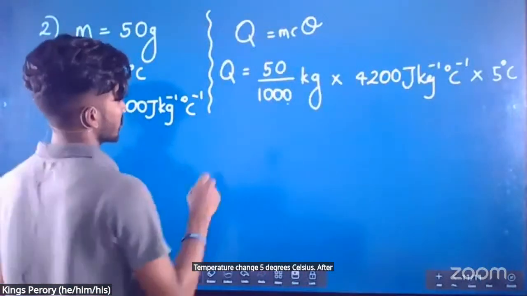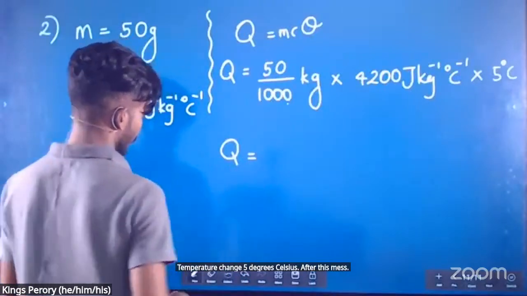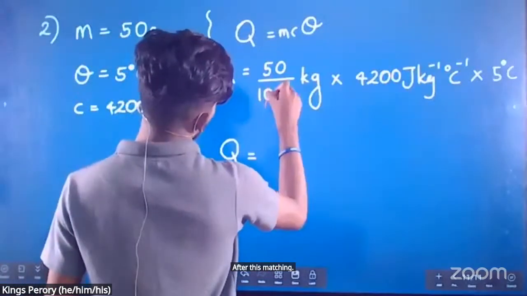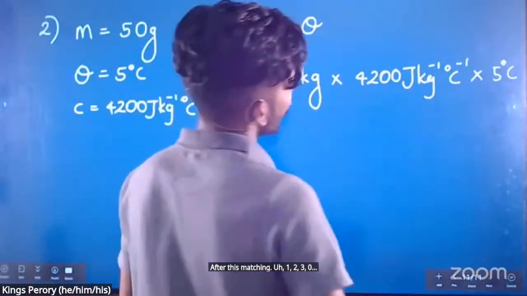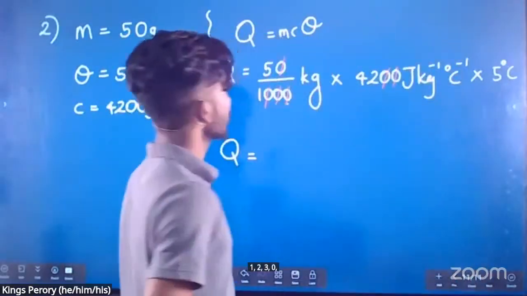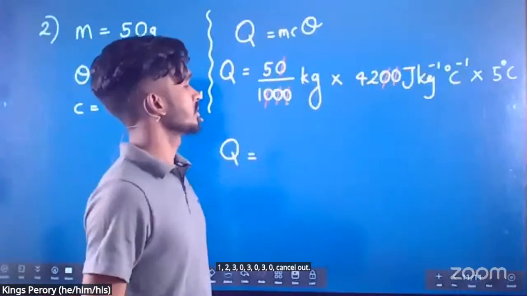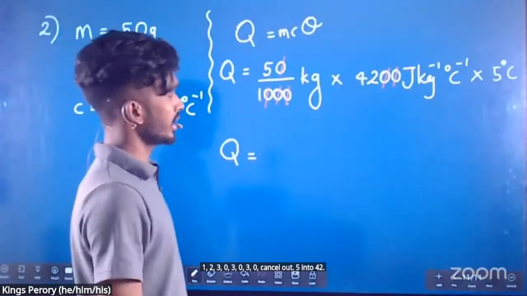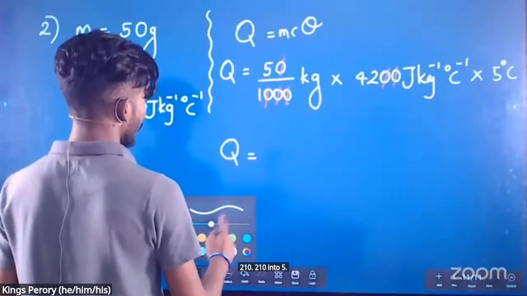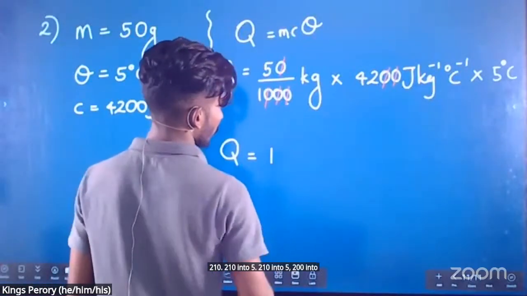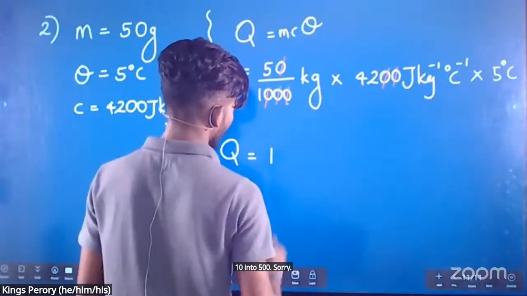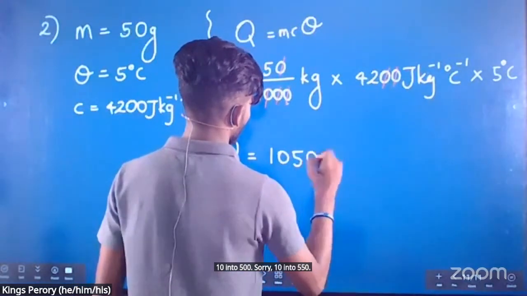After this, it's maths. The 1000 and 3000 cancel off. 5 into 42 is 210, 210 into 5 is 1050.